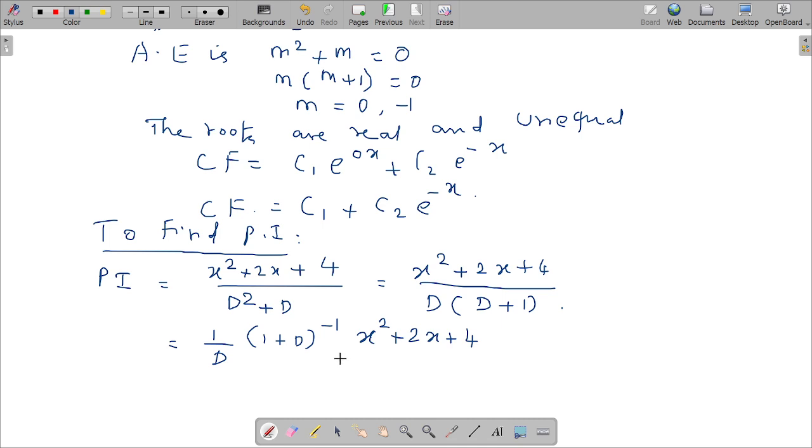What is the highest power of x? Highest power of x is 2. So based on this, we have to expand this (1 plus D) power minus 1.